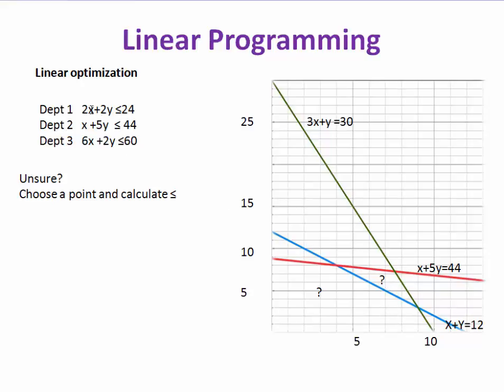So 2 times 7 is 14, plus 14 is equal to or less than 24. Clearly it isn't. 14 plus 14 is 28, more than that. So it's not this area we're interested in, it's this one here. Okay. So the vertices that we're interested in, this one and this one.